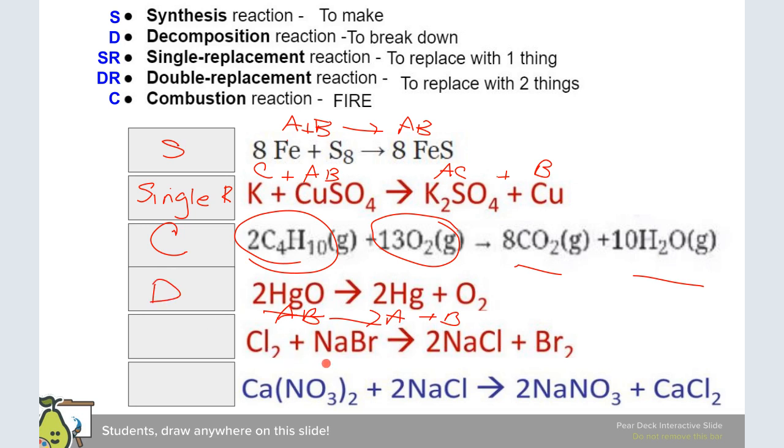Cl plus, so this is our single replacement. And finally, this is our double replacement. So the calcium kicks out the Na and the Na kicks out the calcium.